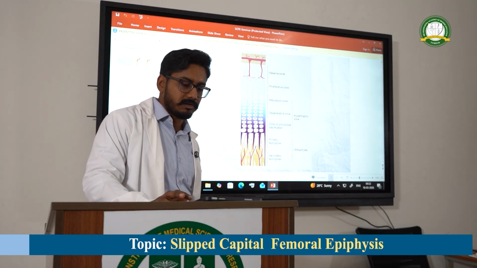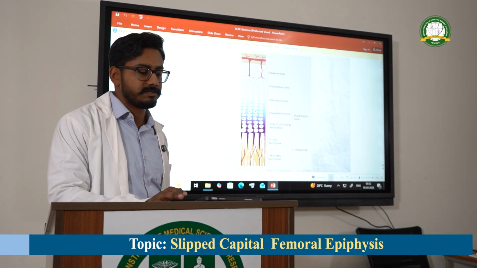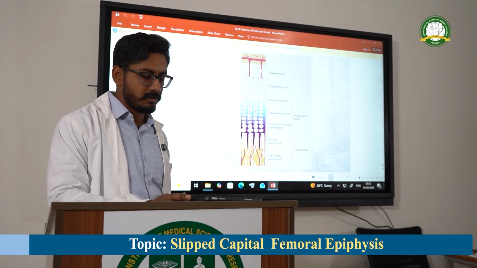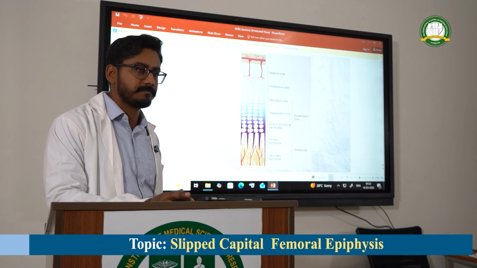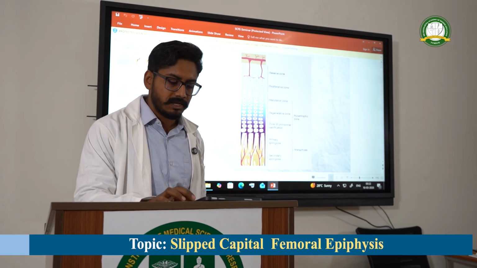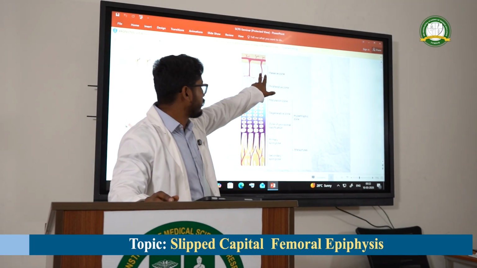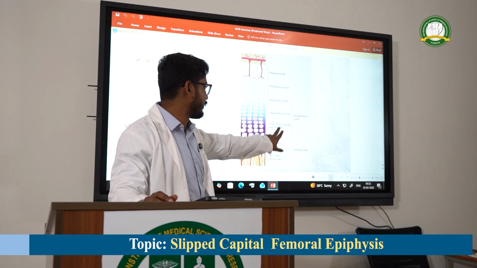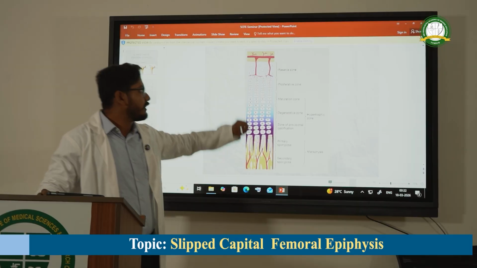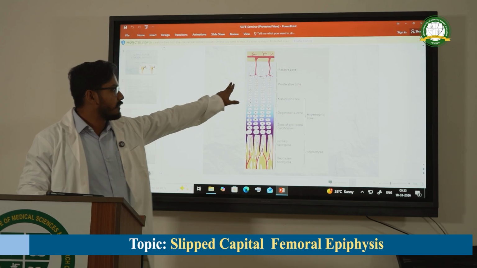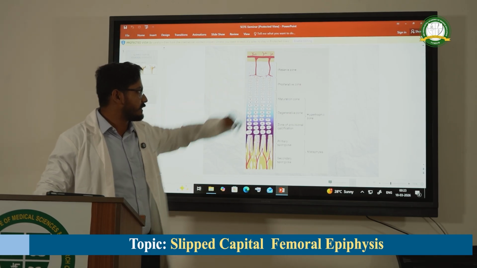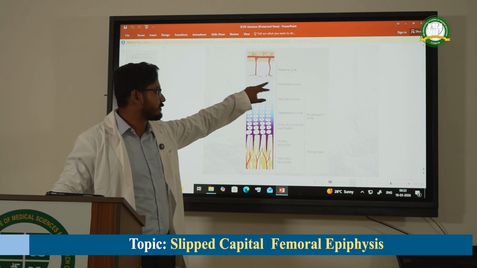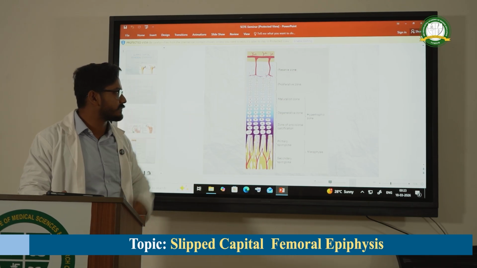This is a slip through the physis. So it is very important that we know about the anatomy, that is the histology of the physis. There is a reserve zone, proliferative zone, maturation zone, degenerative and provisional calcification zone. In the reserve zone, there are precursor cells for the chondrocytes, and there is accumulation of nutrients for the proliferation of the chondrocytes.